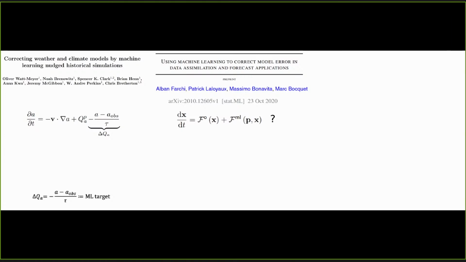So they mentioned this a little bit in their discussion. Ideally, you would have a training data set where it's nudged in such a way that it really follows the observations closely. The problem, as they mention, is that below 6 hours, you start to have strange interactions between the nudging timescale and the timescale of winds and turbulent processes.